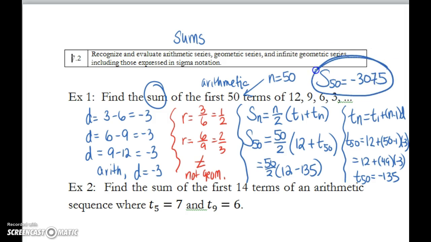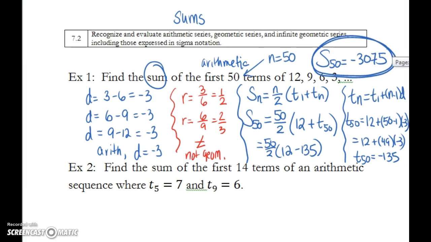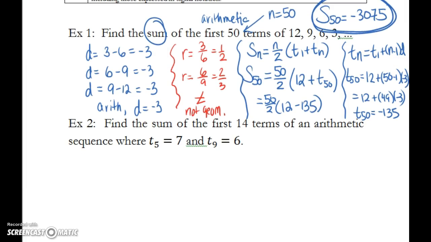So that's the sum of the first 50 terms. Again, notice that in order to use the formula, you had to find your 50th term first. So you're kind of going back to standard 7.1 in order to execute standard 7.2.